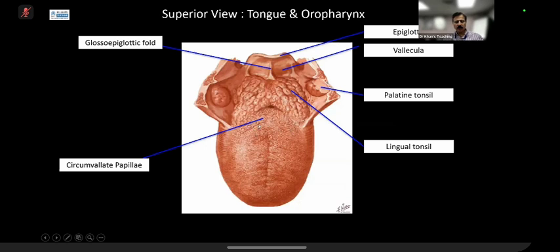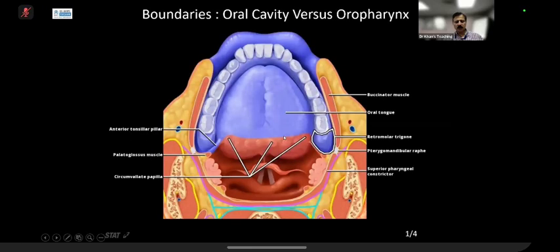Anterior to that is the oral tongue. Posterior to that is the tongue base, and that is not part of the oral cavity. Look at this fold here. This is the anterior pillar. Posterior to that, all of this is oropharynx. So once again, the same concept: anything which is blue is the oral cavity, and this is the oropharynx.